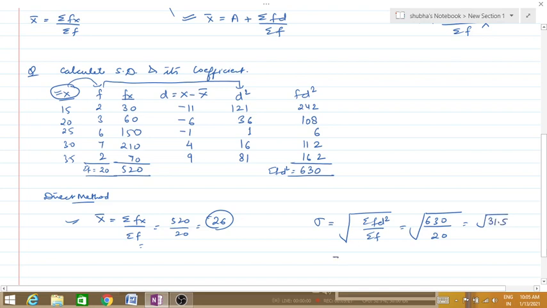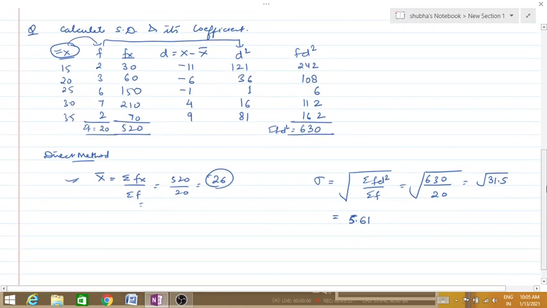Now by solving the root of 31.5 we get 5.61. I have already explained many times how to solve this under root. After calculating standard deviation, we have to calculate the coefficient of standard deviation, that means CSD.